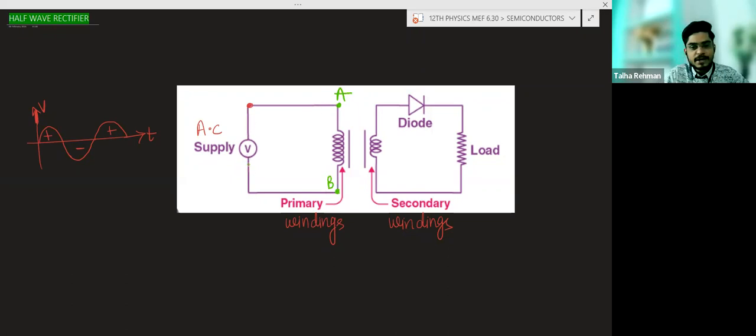During the positive half cycle, first this will become plus and this will become negative. Just imagine this is plus.